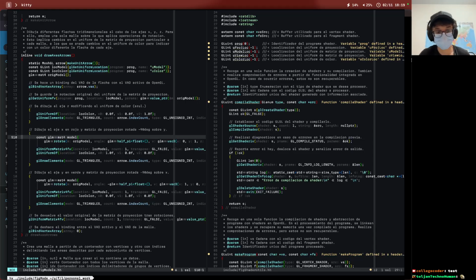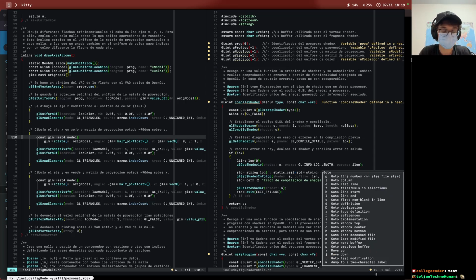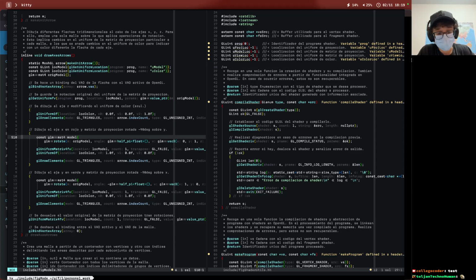But it's this way, and it's going to be this way. It's going from simple to complex, so it doesn't matter which one it is really. Then it loads back up the projection matrix, and that's it basically.